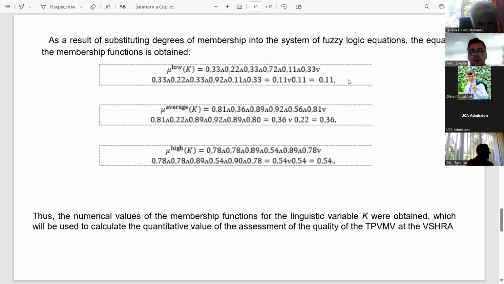As a result of substituting degrees of membership into the system of fuzzy logic equations, the equation of the membership function is obtained on this picture, and the numerical values of the membership function for the linguistic variable k were obtained, which will be used to calculate the quantity value of the assembly quality of our system, presented in this slide.